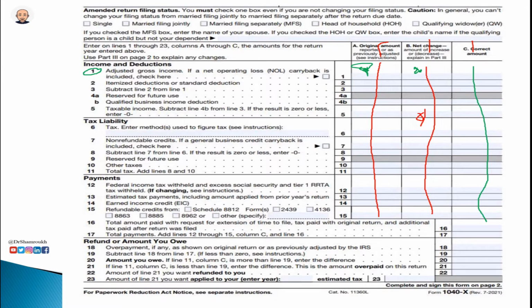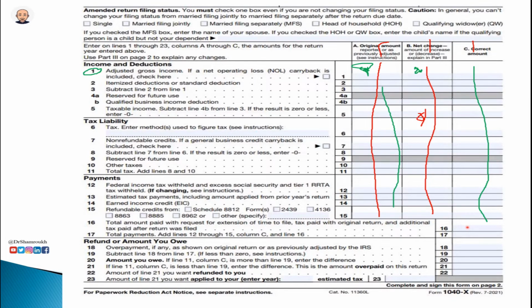For any of the rest of the questions with no changes, you just put the original amounts in column A. No changes will be zeros in column B, and then you repeat the original amount and put it again in column C. For question number 16, you put your total taxes paid.